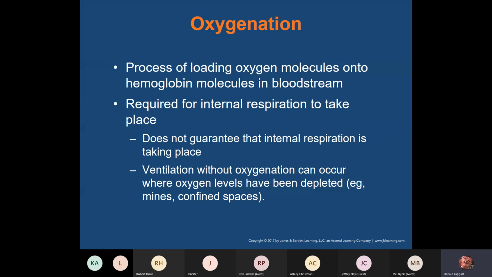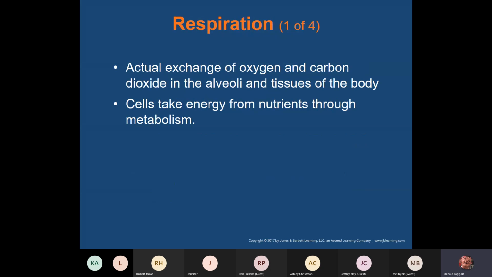Maybe a house fire, or like it says there, confined space, mines. Then respiration, like Patrick said, is down at the cellular level. We're trying to get oxygen to the lungs by ventilation. And remember, whenever it says nutrients or food, it's talking about glucose.